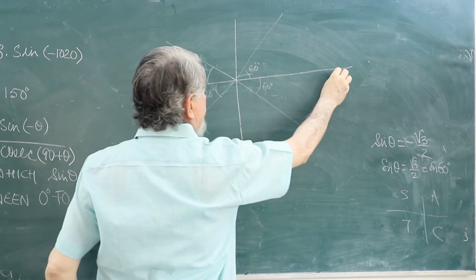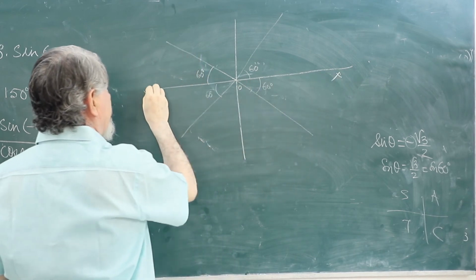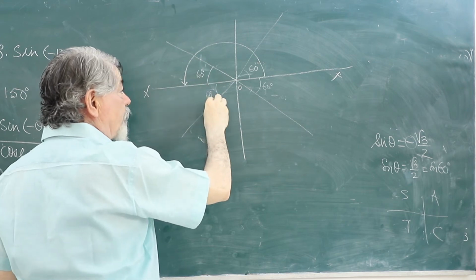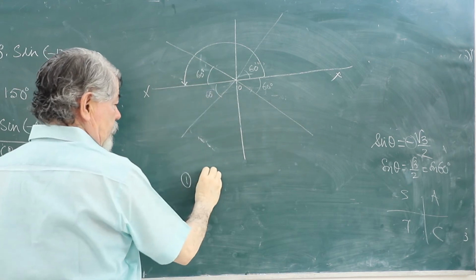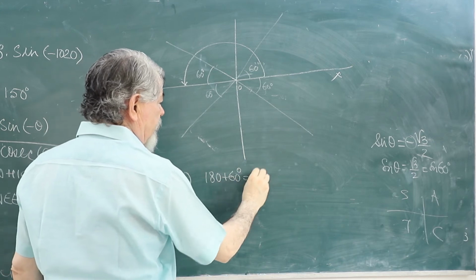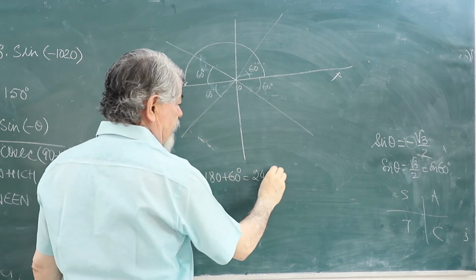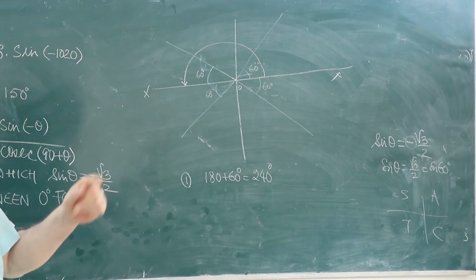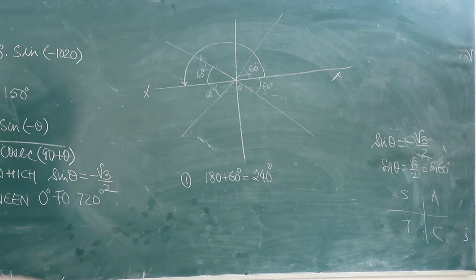If you start from x O to x dash, you get 180. And then you move 60. So 180 plus 60, that will be 240 degree. The first angle corresponding to this value of minus root 3 by 2 will be 240.